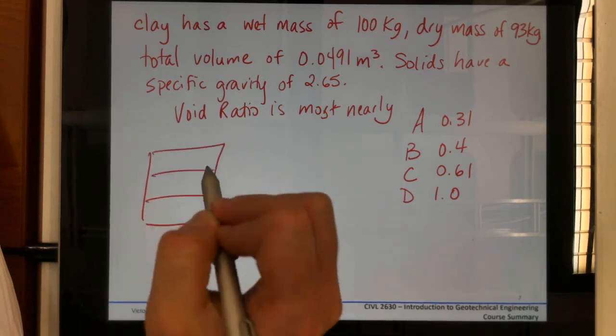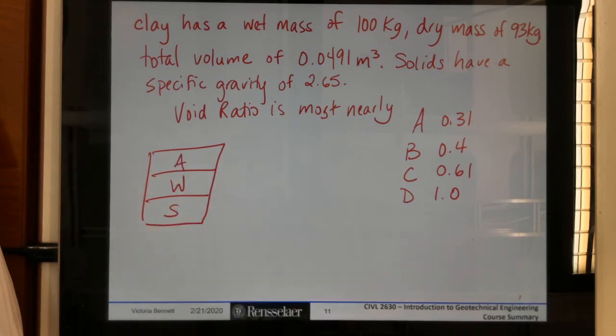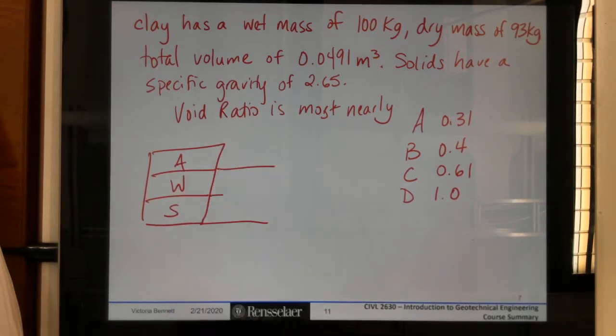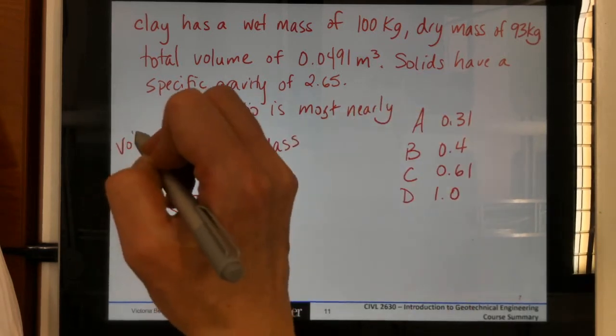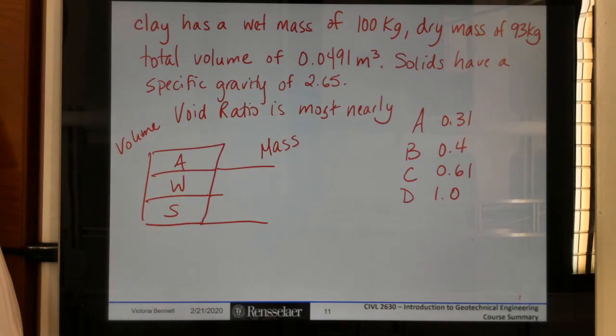If you remember, we have these three phases that are components of soils: solids, water, air. We would traditionally put the masses on one side and the volumes on the other, and that's how they are also showing it to you in the reference manual.